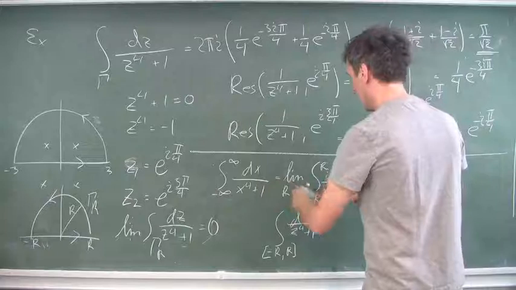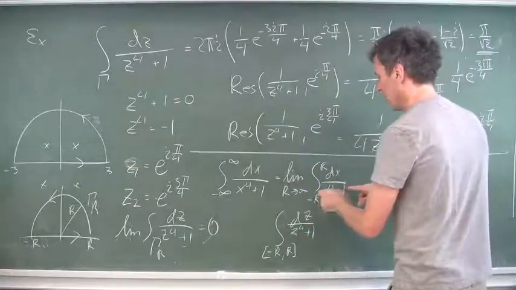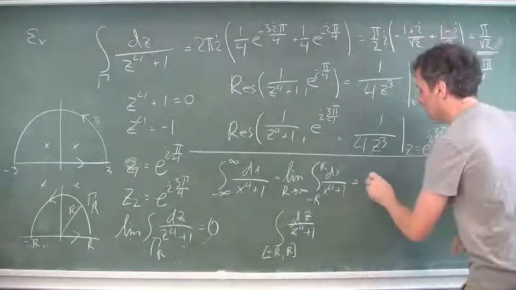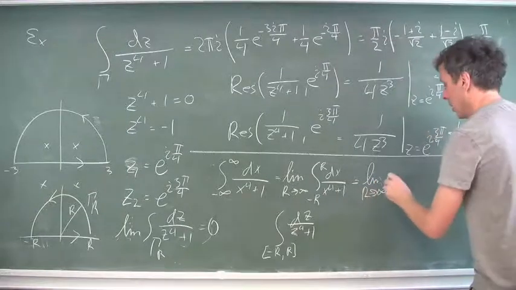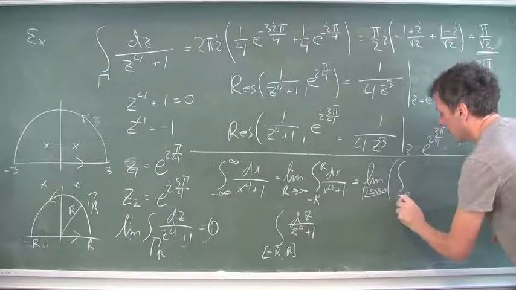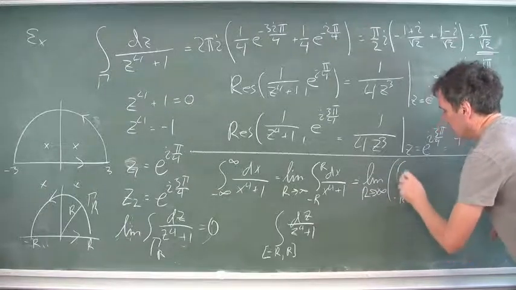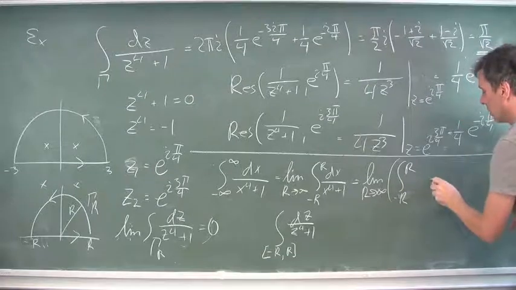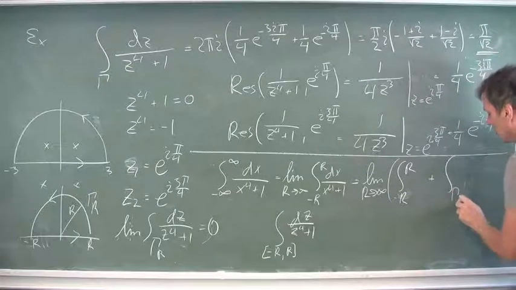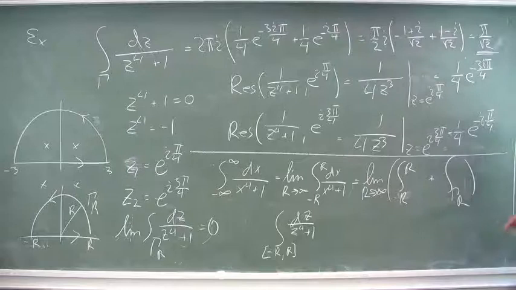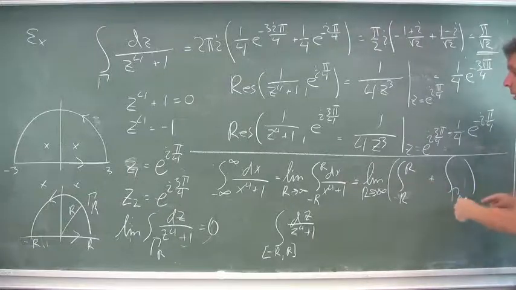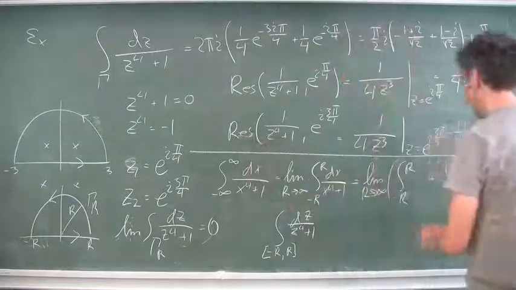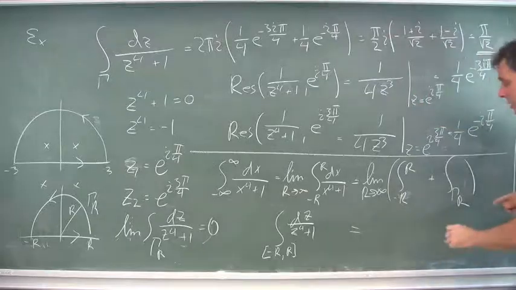So the conclusion is that this limit can actually be written as the limit when r goes to infinity of the sum of these 2 integrals here now, simply because this term tends to 0. And together this is then a closed contour which can be evaluated by residue calculus.